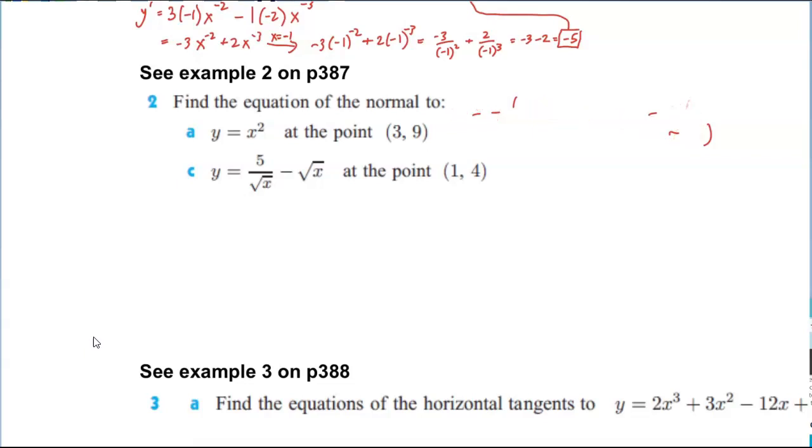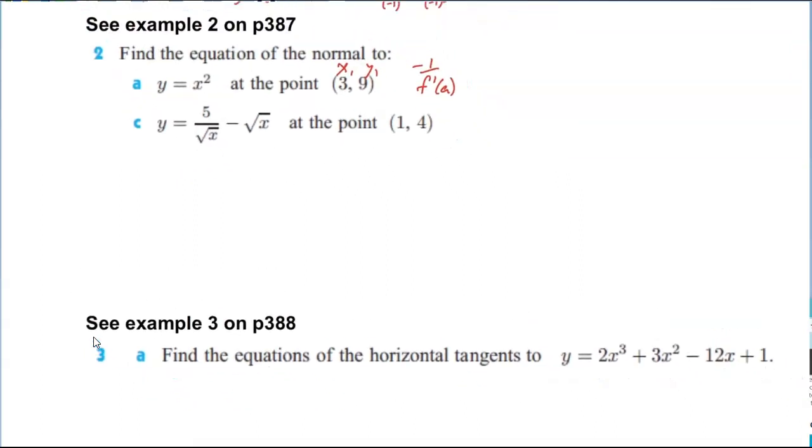The first one says the function is x squared and the point is 3, 9. They're giving us the x1 and the y1. We just need to find the slope, which is going to be -1 over the derivative with our x1 value plugged in. Remember, our x1 value is 3.